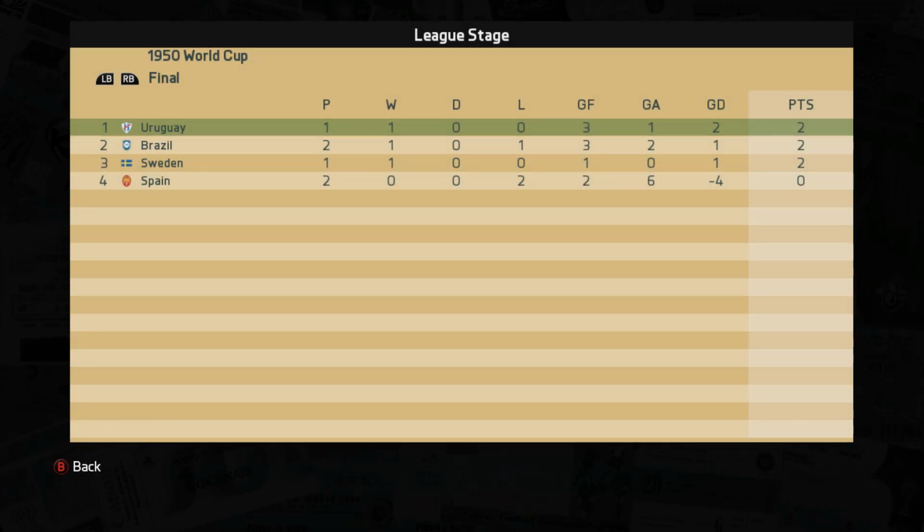So how to handle this? There's still 3 fixtures to play. So if somebody wins, they get 2 points. Uruguay and Sweden both got a game in hand.